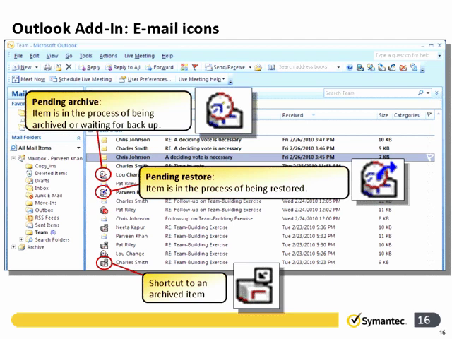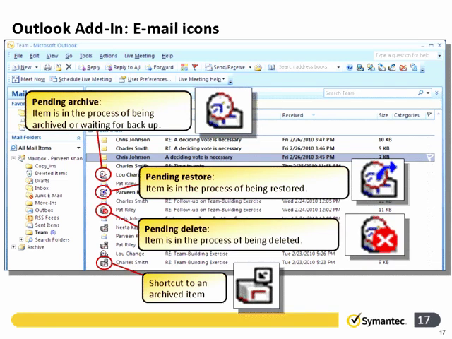If you have requested to restore a particular archived item, you will see this icon until the item is actually back in your Outlook, stored in the Outlook client memory, and then the icon will change back to a regular mail icon. And then we also have a pending delete, which, if you have deleted this particular item and chosen to delete either the shortcut or the shortcut and the archived item, you will see the pending delete option available.